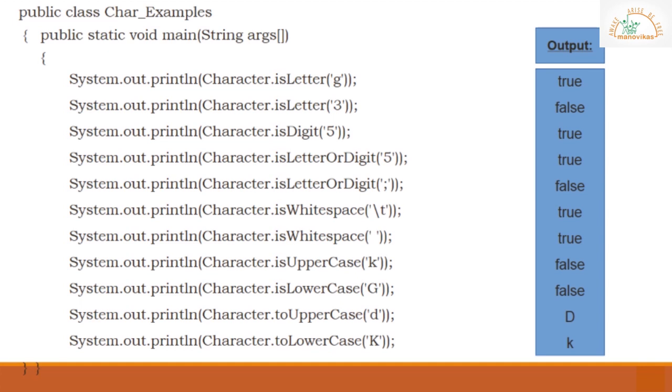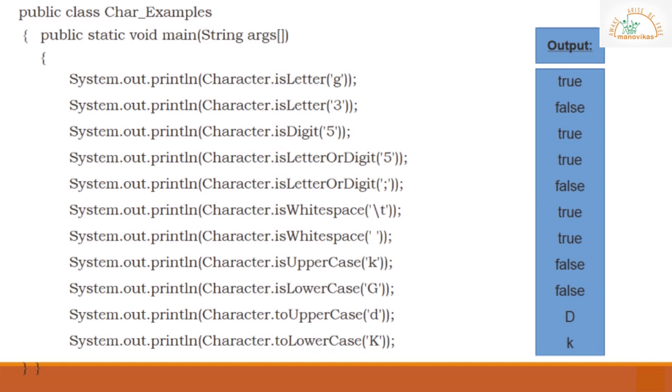The second one is Character.isLetter of character 3. Because 3 is a character but it is not a letter, your output will be false. The third function is Character.isLetter of character 5. 5 is a digit, so your output will be true.